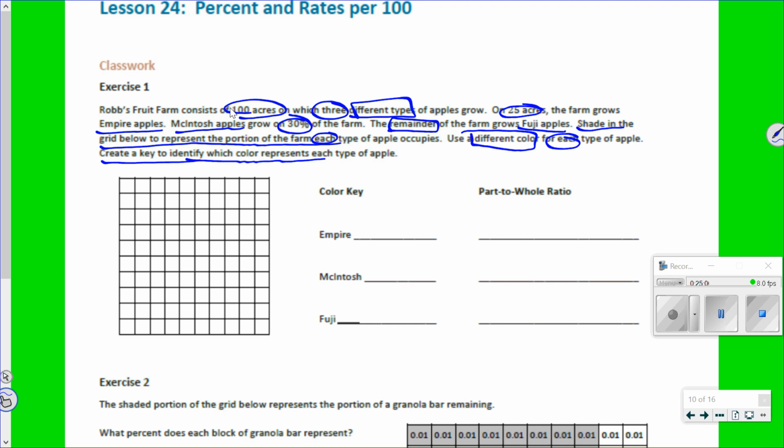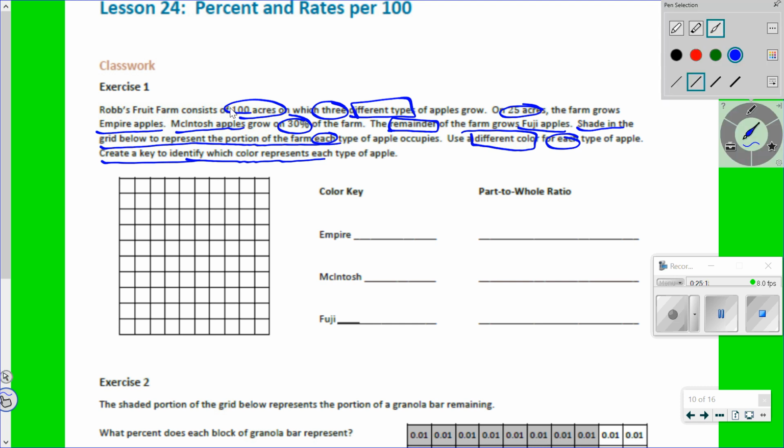So we've got several different pieces here. Now, if you guys have markers, you can do that, or we can just use different shadings. Okay, the first one, we've got 25 acres. So how do I do 25 acres, guys? Shade in 25 squares, okay? So, in that case, it's going to be 2.5 rows.